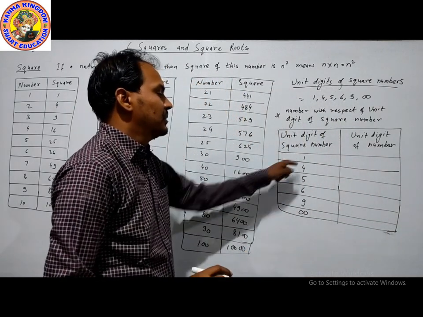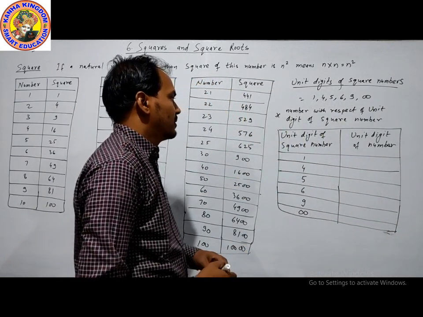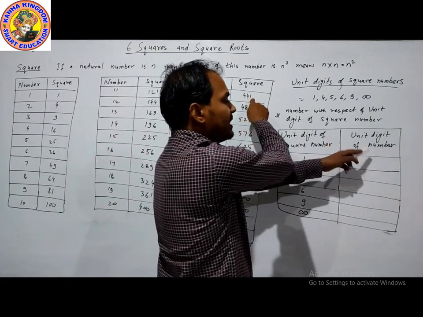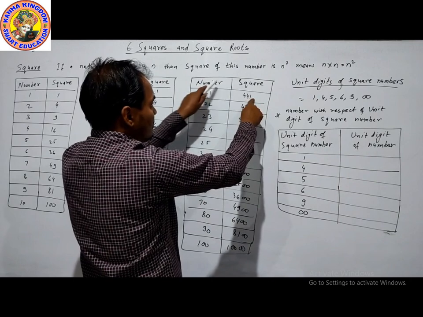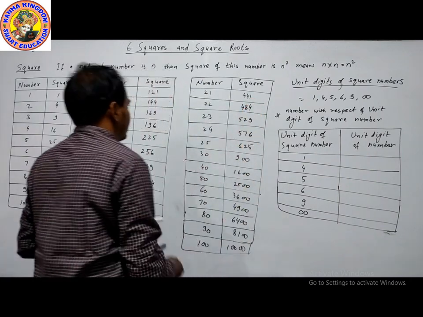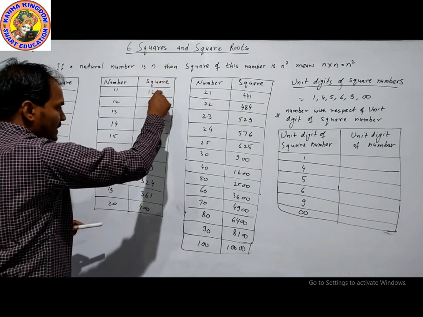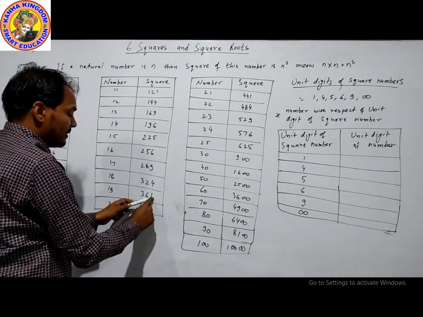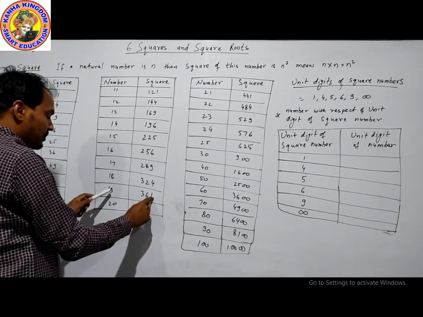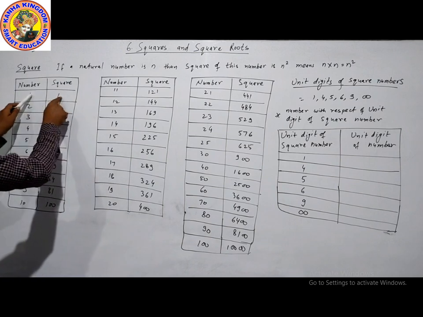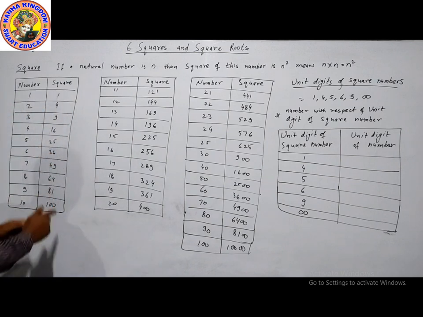If we get 1 in the square number, what is the unit digit of the original number? The original number can be 1, and another case is 9.